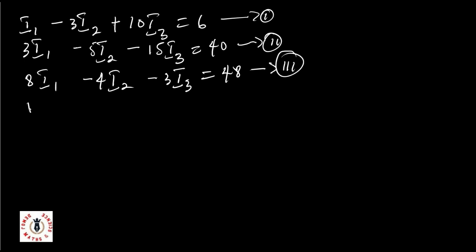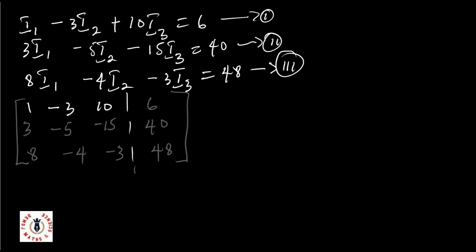Now I can change this to my matrix form. Using Gaussian elimination method, the first thing is we want to make the item on the first column and on the second row, this 3, into 0. To make this 0, I'll simply multiply the entire first row by 3 and subtract from the second row.